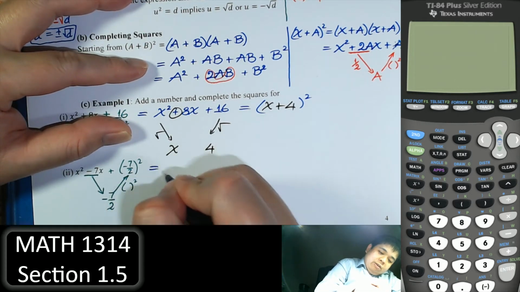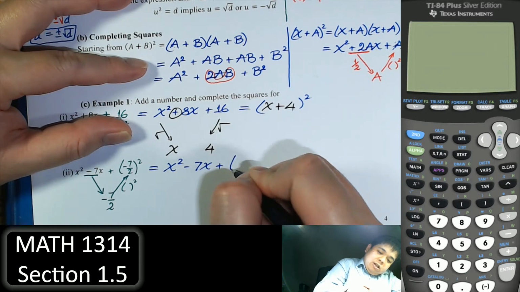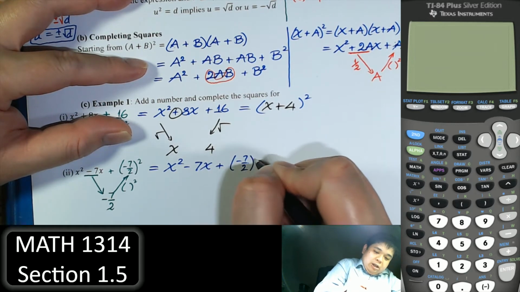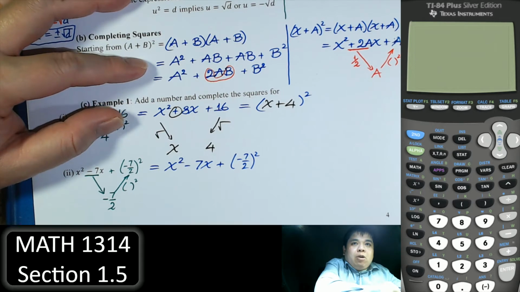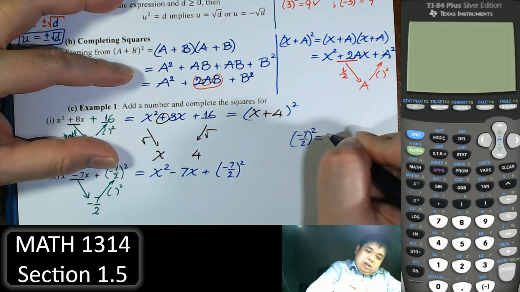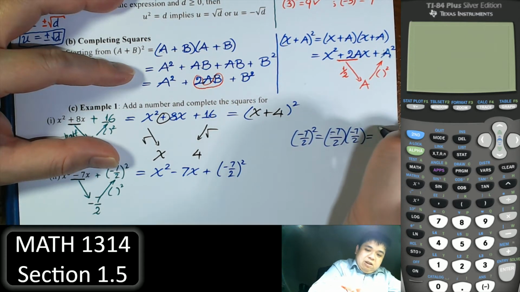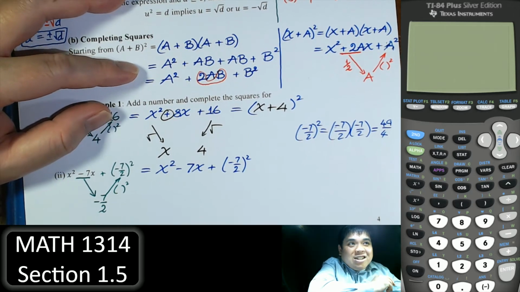So we have x squared minus 7x plus negative 7/2 squared. Of course, negative 7/2 squared is negative 7/2 times negative 7/2. Negative 7 times negative 7 is 49/4. We don't even need to know that.